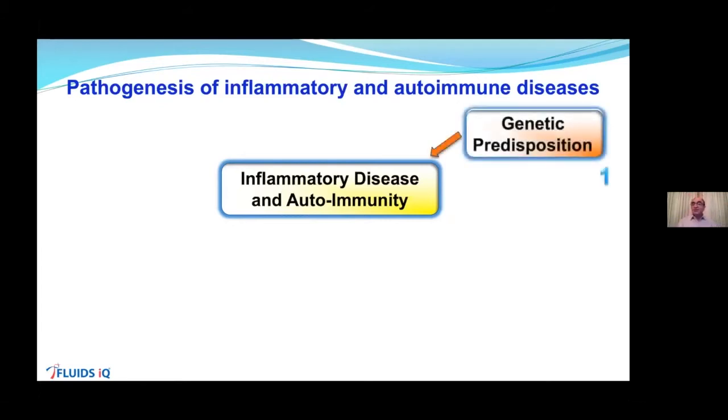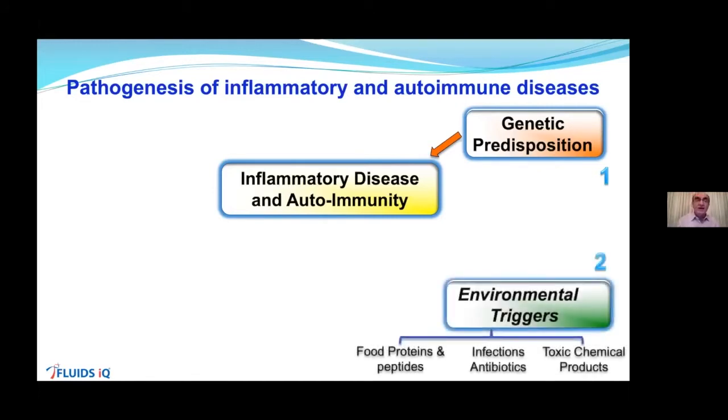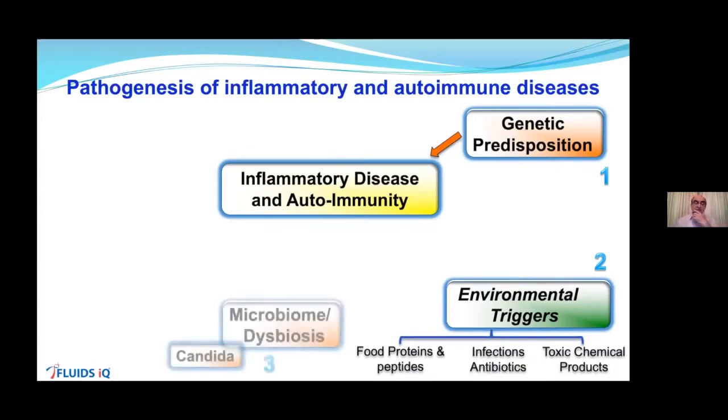And as with everything, there is always a genetic predisposition that has to be looked at. Genetics always plays a role, in some cases more, in other cases less, but it is always there. The other thing that you need to keep in mind are the various environmental triggers, which could be anything from food proteins to the infections which an individual may have, the antibiotics they're taking, etc.